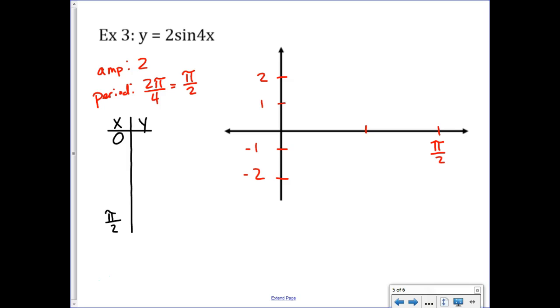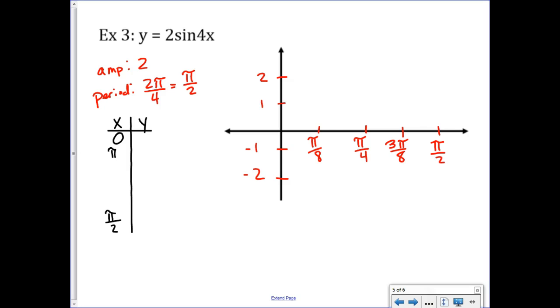So half of pi over 2 is pi over 4. Half of pi over 4 is pi over 8. And then I'm counting by pi over 8 to get to this last value. So 1 pi over 8, 2 pi over 8 is pi over 4, 3 pi over 8. So those are our values that belong in this table.